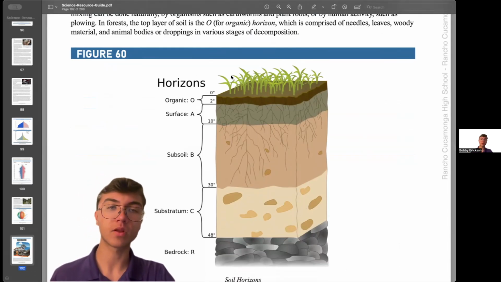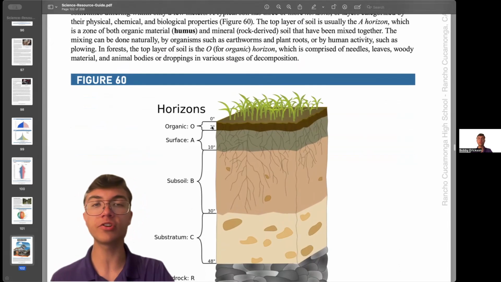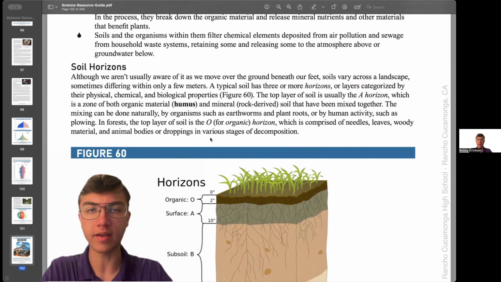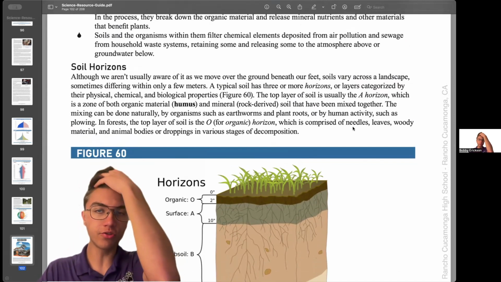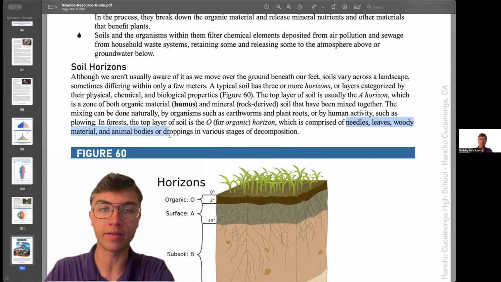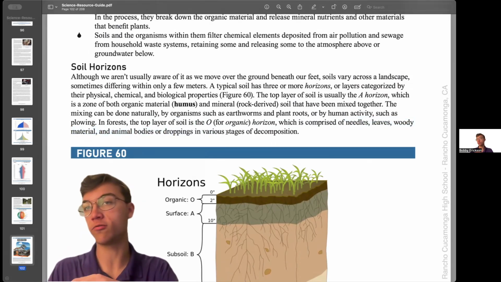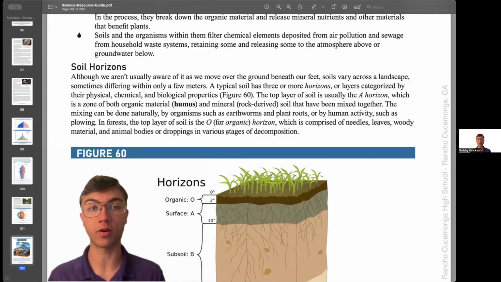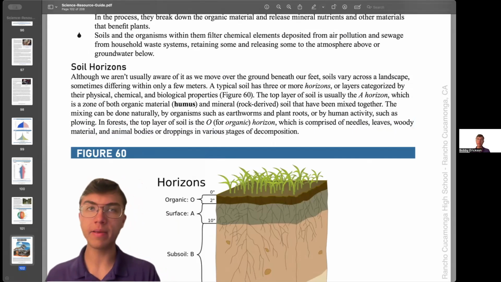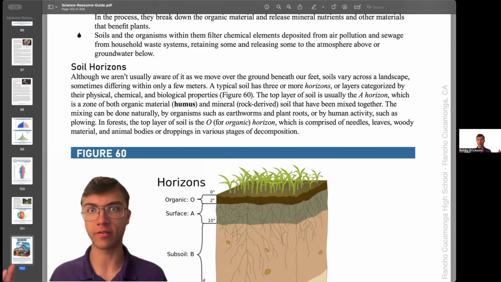So here from 0 inches to 2 inches, we usually have the organic layer. This is the O horizon, and this is usually comprised of needles, leaves, woody material, and animal bodies or droppings. So think about this one as everything that's on the forest floor. If it's a forest, then it's usually going to have an organic layer because it has a bunch of organic matter that surrounds it.